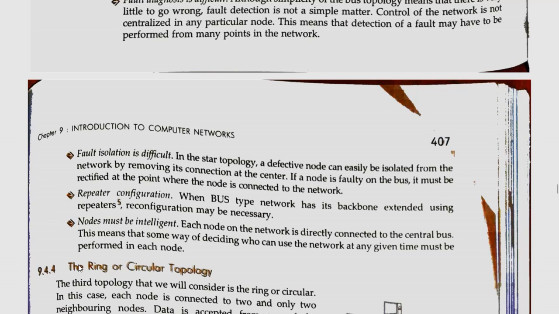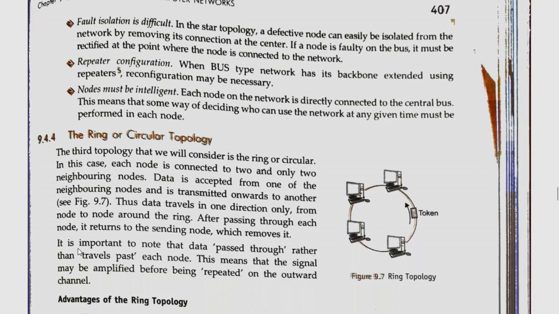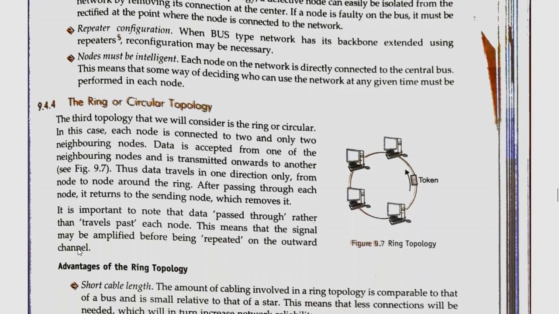Now the ring or circular topology. So what is the ring topology? Obviously you can see here that all the nodes are joined in a form of a ring. The data is accepted from one of the neighboring nodes and is transmitted onwards to another. Thus data travels in one direction only, from node to node around the ring.